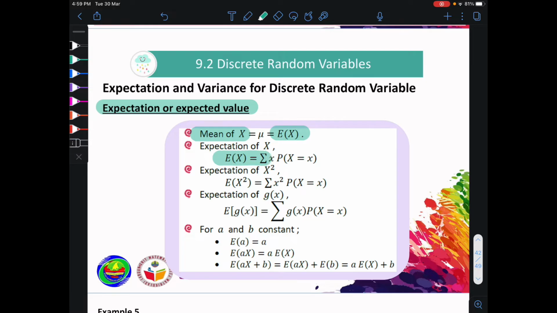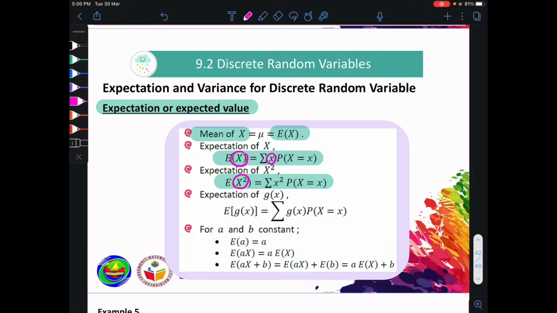And the formula for expectation of X is equal to summation of x times P(X = x). Since we're trying to find the expectation of X, that's why the formula also uses x. Now, the expectation of X squared is equal to summation of x squared times P(X = x).